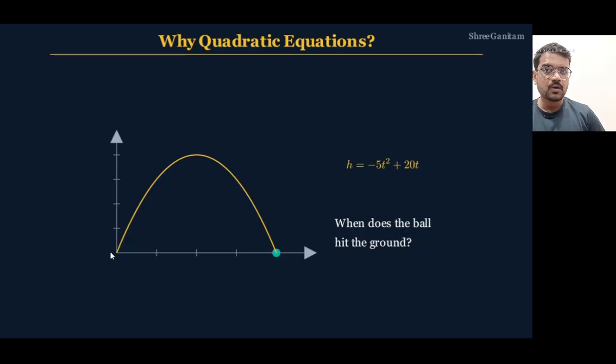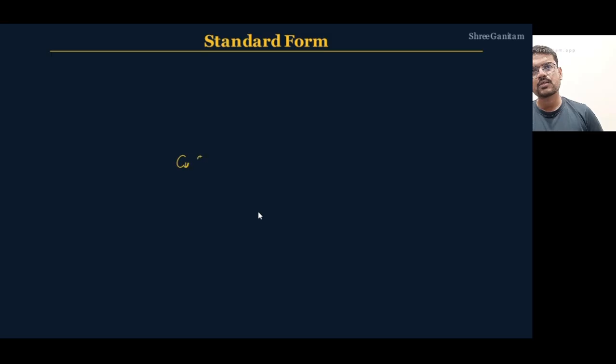And see this curve also. This curve is a parabola. If you remember, we learned in chapter number 2 that the shape of quadratic polynomials is a parabola. So this is a practical thing. Now we will learn the standard form, which is ax squared plus bx plus c equal to 0.